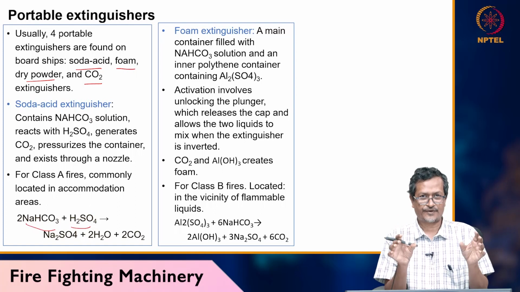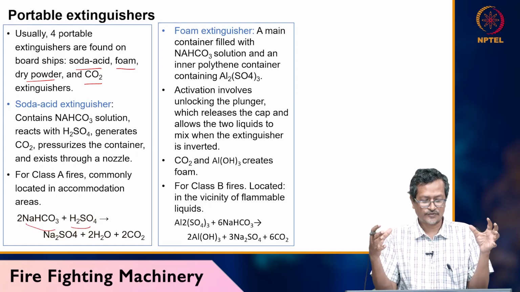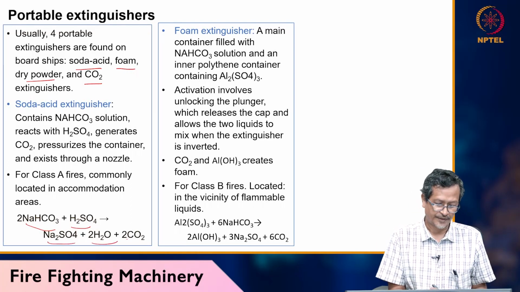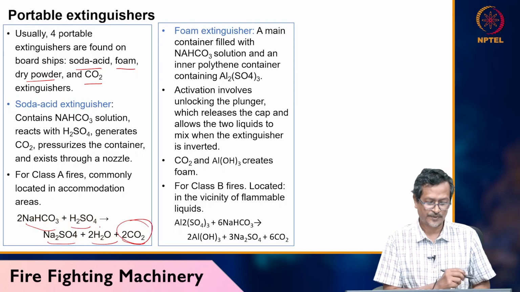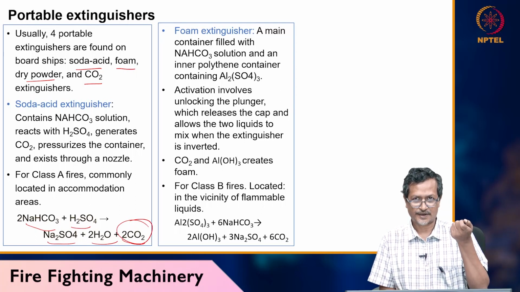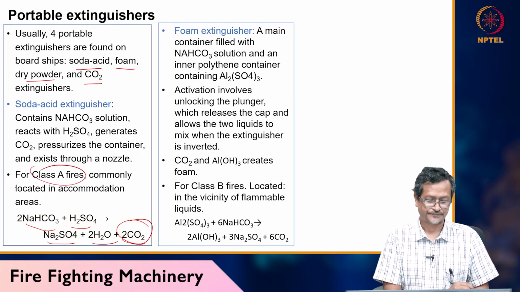Now, when there is any fire, just break the container against the wall and allow them to mix up. When they mix up, they create sodium sulfate, water and carbon dioxide. So, lots of carbon dioxide will be produced, and you target the nozzle towards the flame. So, the fire will be extinguished, and normally it will be used for class A fire.